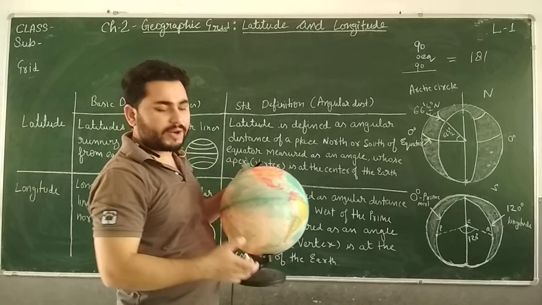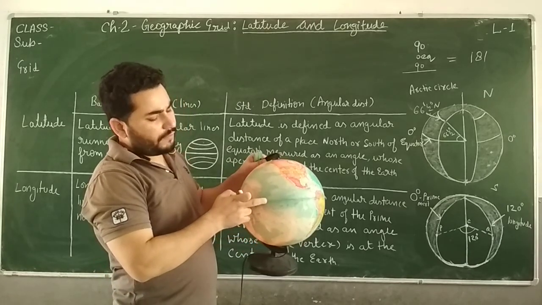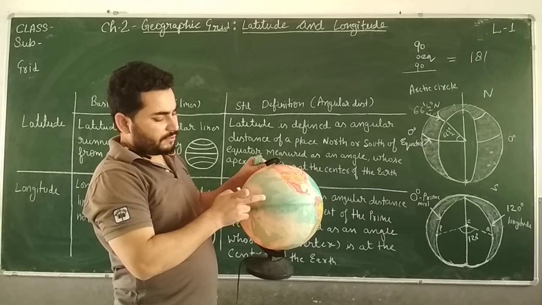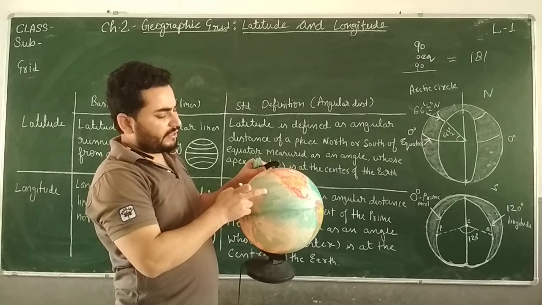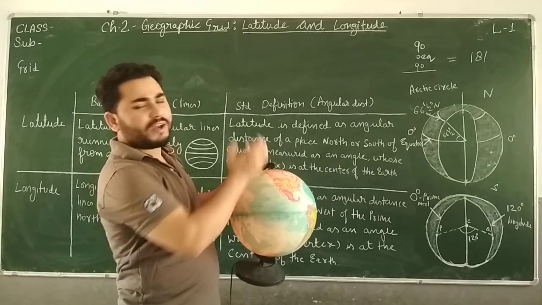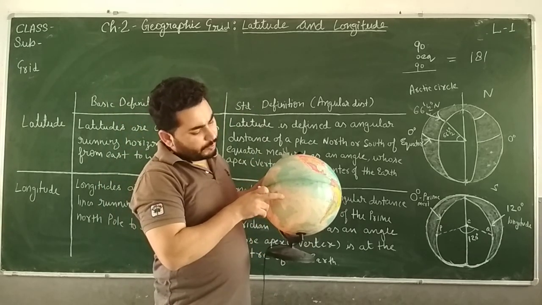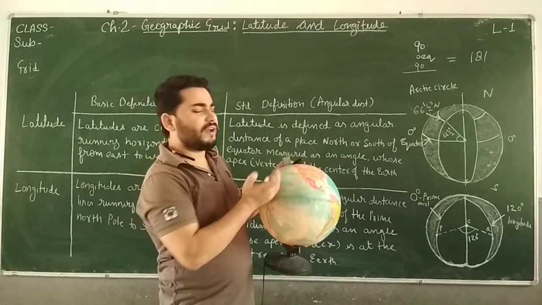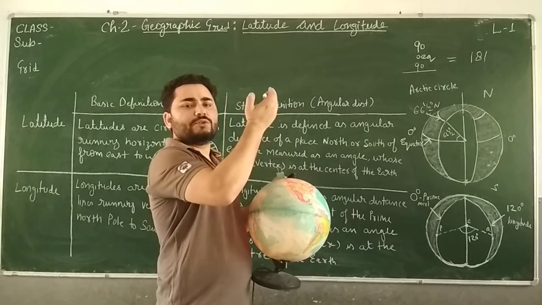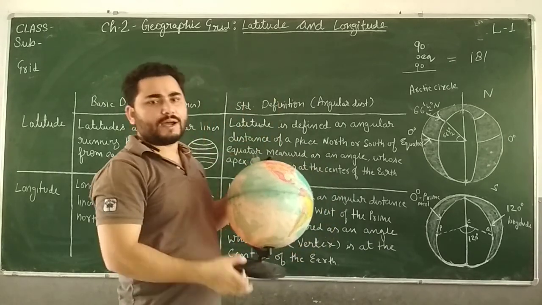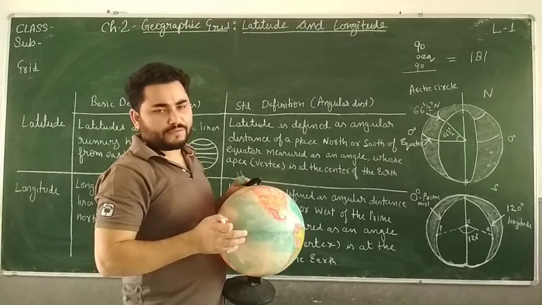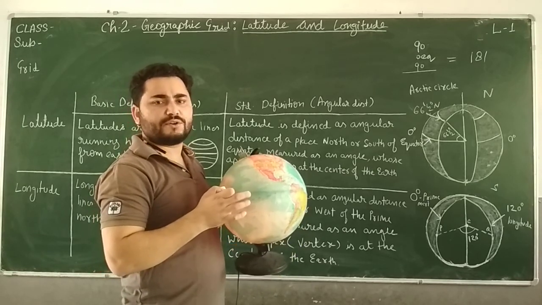East or west we will not write, because these lines are moving, where this is 10 degree, 20 degree, 30 degree, 40, 50, 60, upward. Likewise, 10 degree, 20 degree, 30 degree downward. So they are moving upward and downward. Upward means north and downward means south, right? And the point of reference or baseline is this 0 degree equator.